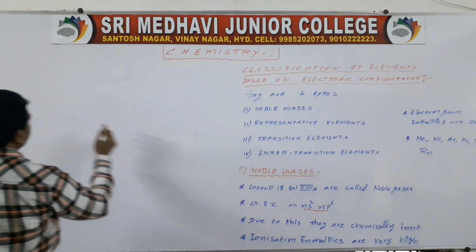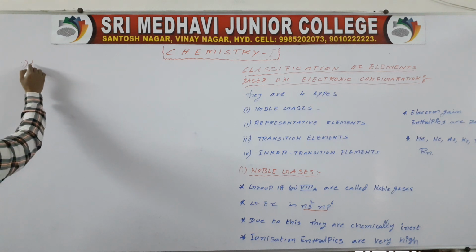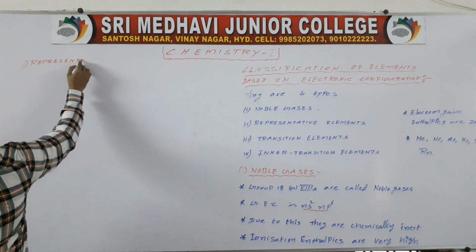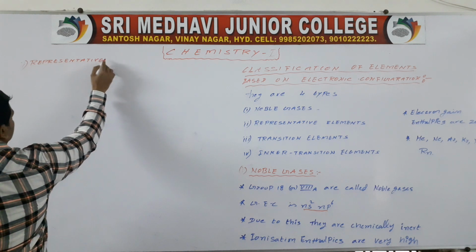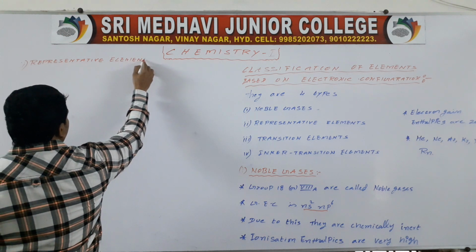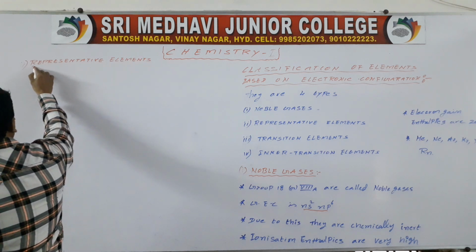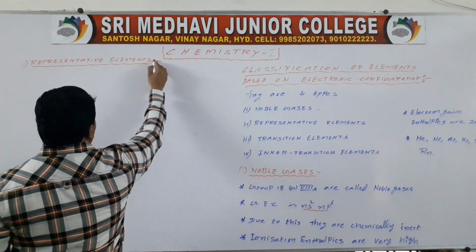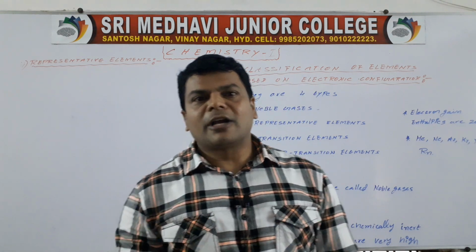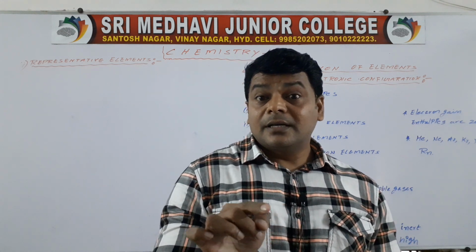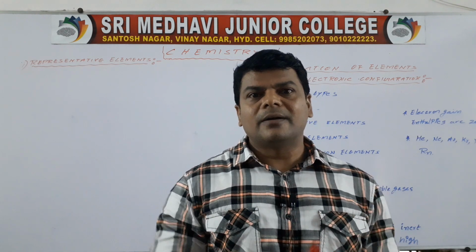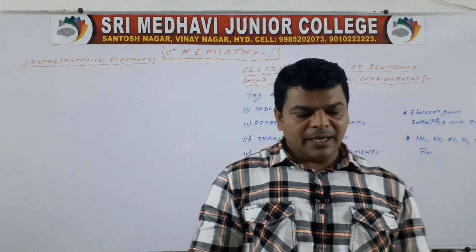The second one we are going to discuss is representative elements. Okay. What are representative elements? The S and P block elements except the 18th group, except the 0 group or 18th group, are called representative elements.